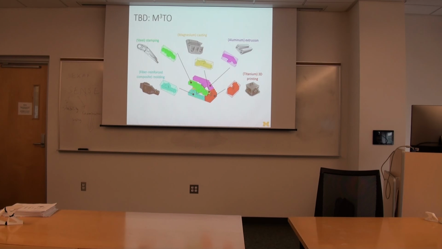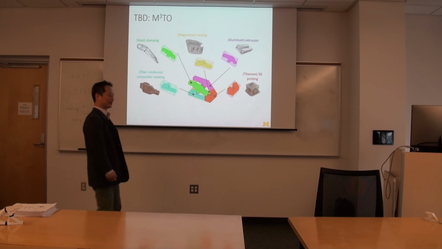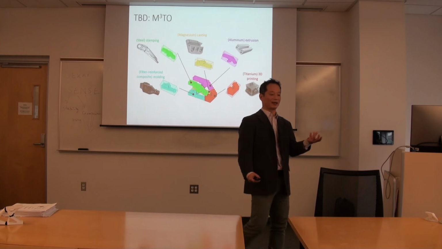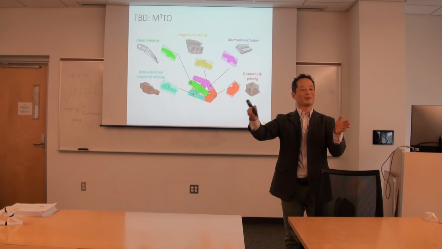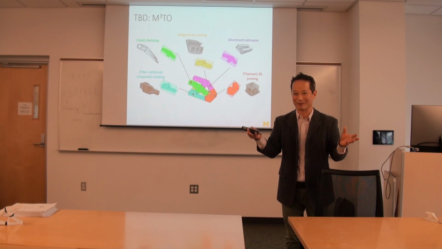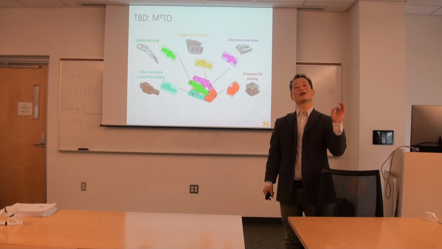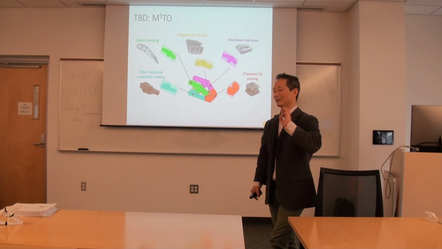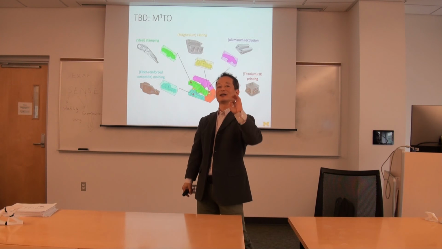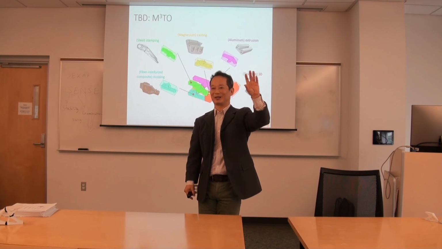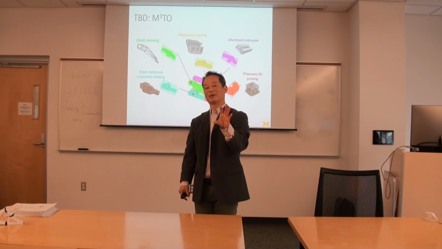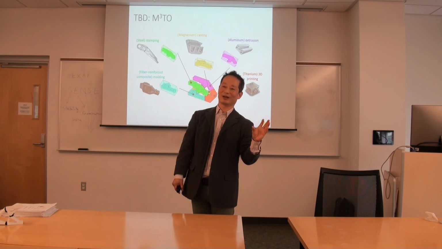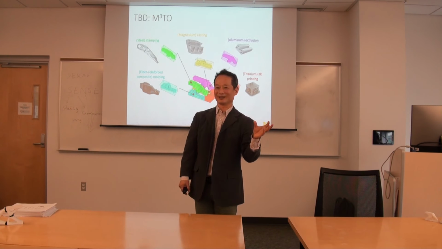The maximum allowable number of partitions is k, which is a given constant you have to provide, and somewhere between 1 and k, the optimizer will decide the best number of partitions. That's the outcome of optimization, optimizing given objectives, which are typically structural objectives like compliance, subject to manufacturing constraints as well as a weight constraint.